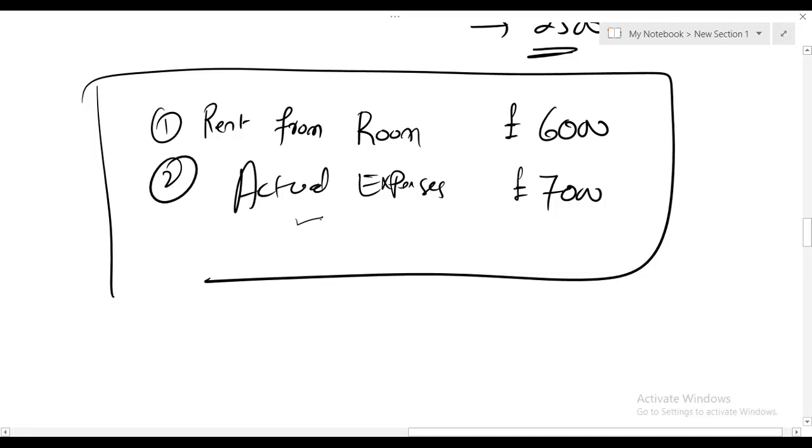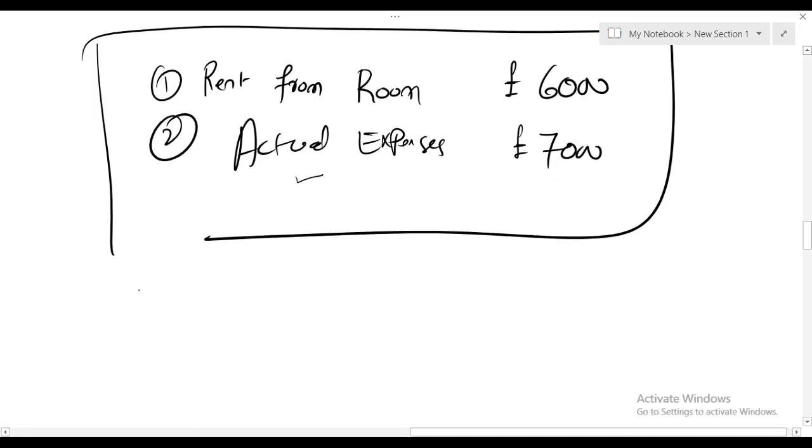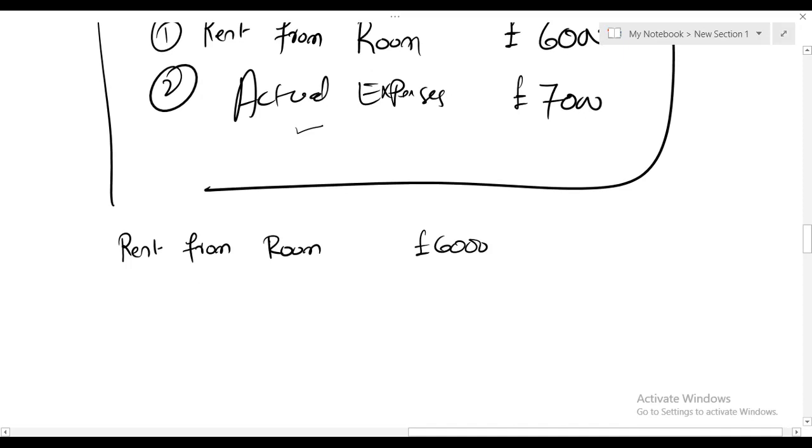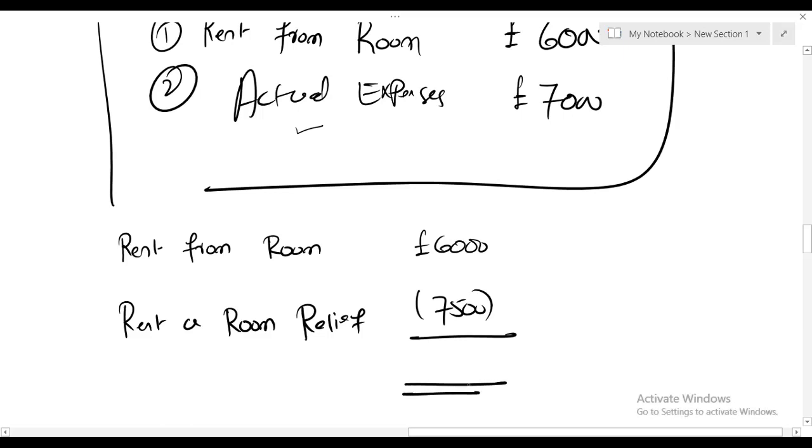Let me solve this in both ways. I'm writing rent from room, which is 6,000. And let's say I'm going for rent a room relief. Let's see what happens. Rent a room relief is 7,500. Obviously, if you deduct 7,500 from 6,000, you will get a negative answer of 1,500.